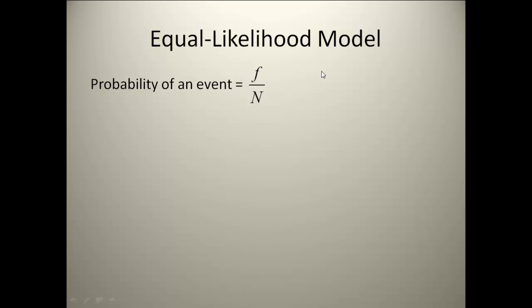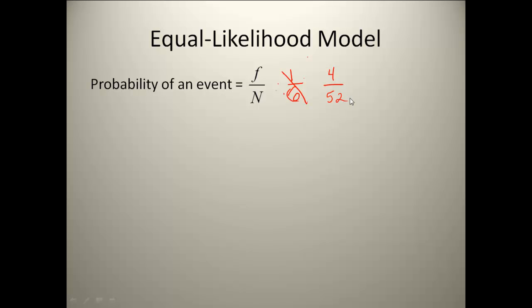So for example, if we were rolling a dice and I wanted to know my probability of rolling a 6, well, if I use this model, there's only one way I can roll a 6, and there's 6 sides to a dice, so my probability would be 1 out of 6. If we were using a deck of cards and I wanted to know the probability of picking a queen, well, there's 4 queens in a deck.